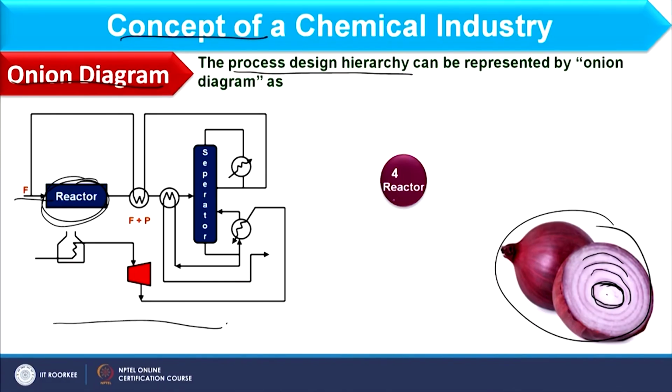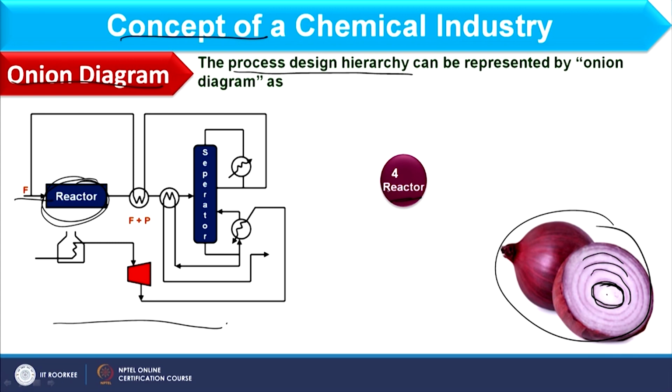If I want a reaction to proceed, we first need to design and install a reactor. So the reactor will be the core of the onion diagram, the core of the chemical process, and like the core of the onion, it is the innermost part.